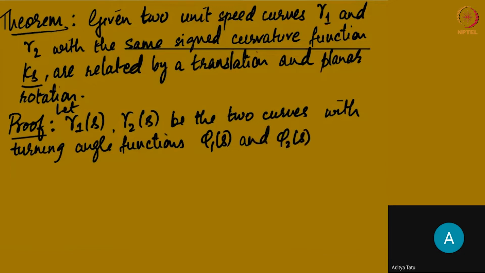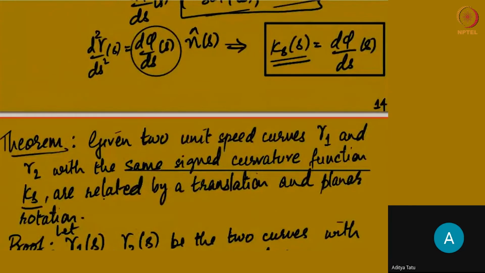So what is the relation between phi 1 and phi 2 that is given? They have the same signed curvature. Signed curvature is nothing but the first derivative, right?